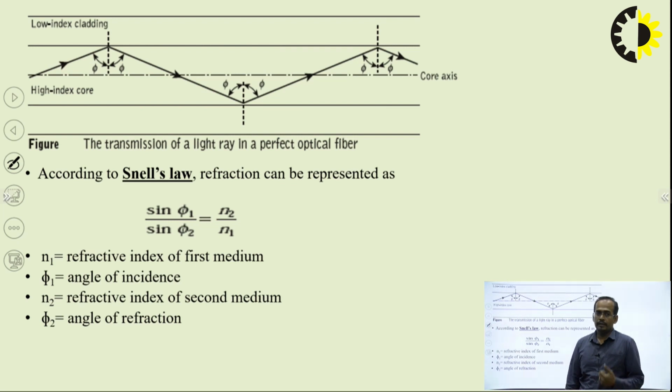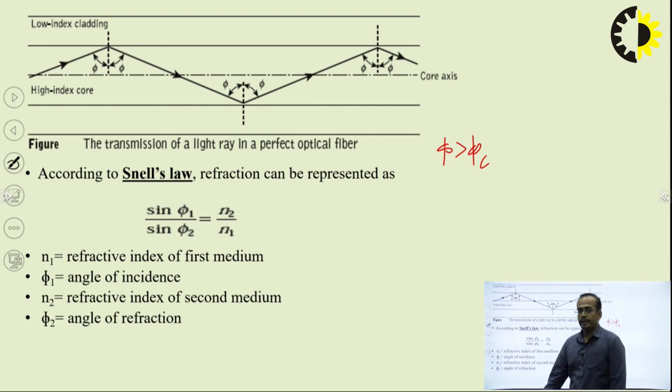I have already discussed the condition for total internal reflection: the angle of incidence should be greater than the critical angle.